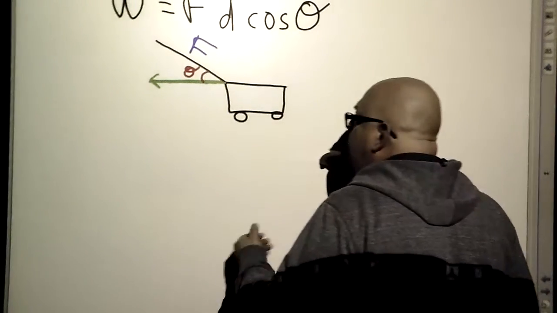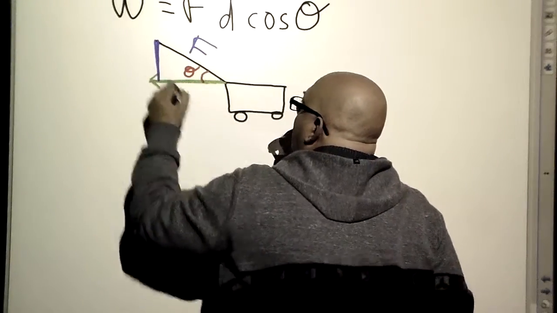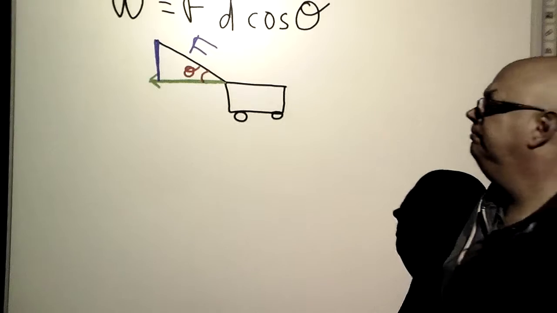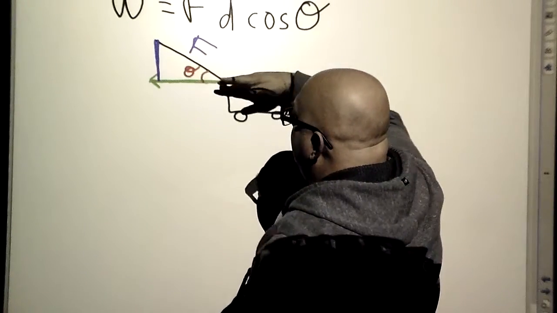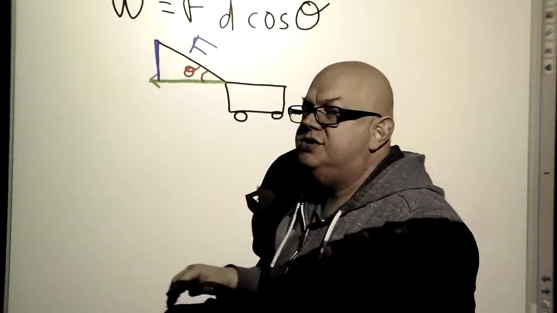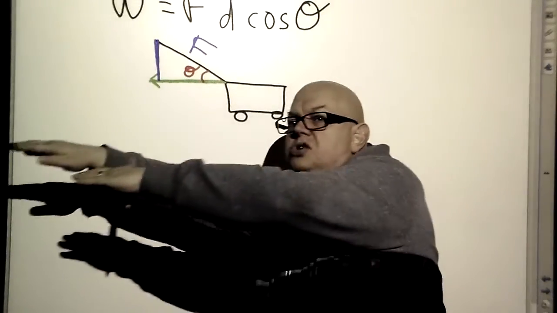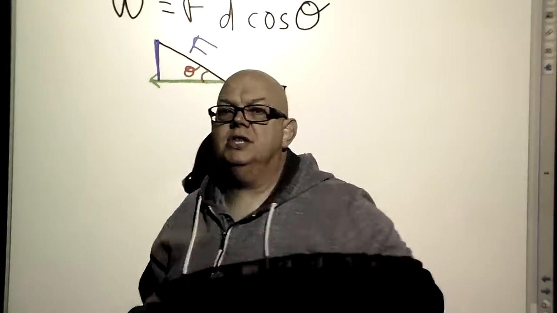Now, if we were to treat this exactly like a right triangle, here's the force that we're pulling our little wagon with, and here's the vector we are interested in. The green vector is the one we're interested in because that's the horizontal part that is pulling this wagon across a distance.